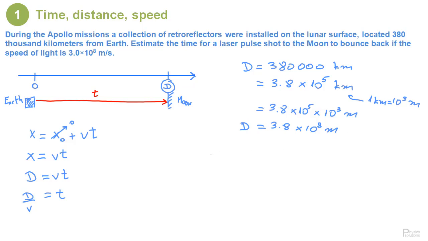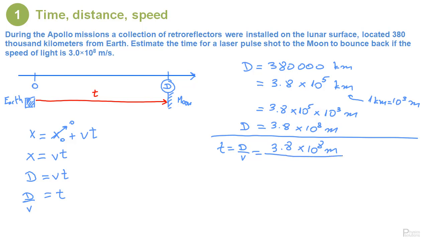Great, so now we can use the formula we derived before here at the bottom left. I will draw a line here. And the formula was time is d divided by v, where d we just found is 3.8 times 10 to the 8th meters divided by the velocity of light, which is 3.0 times 10 to the 8th meters per second.